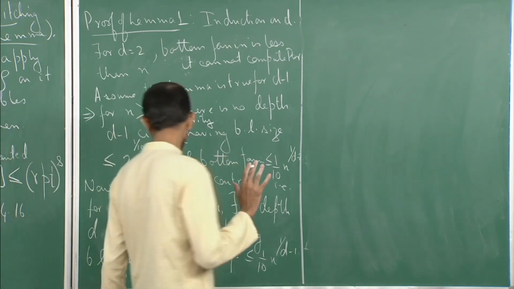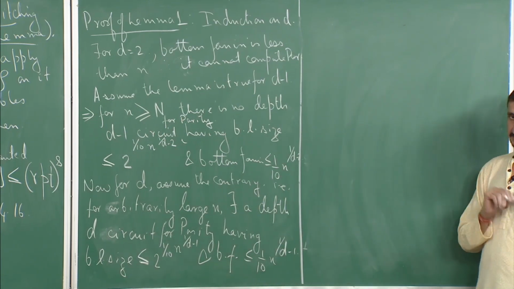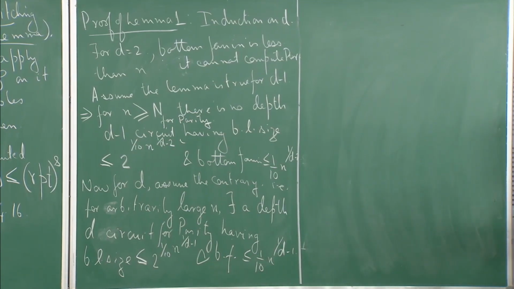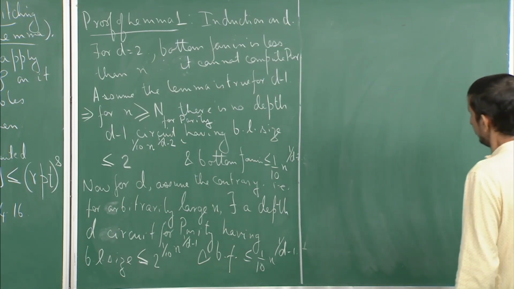So, for arbitrarily large n, suppose there is a circuit for parity. Okay.